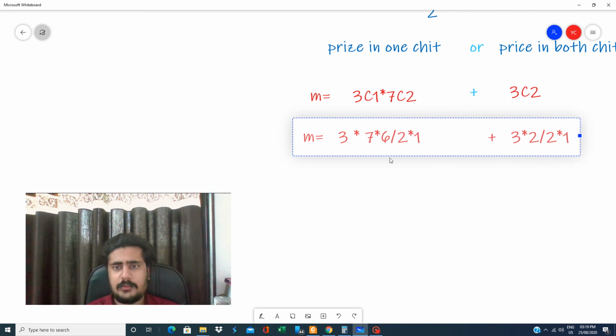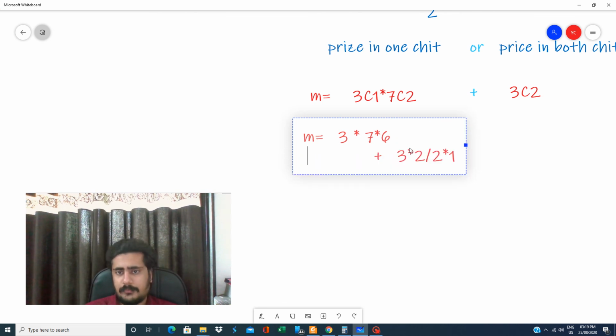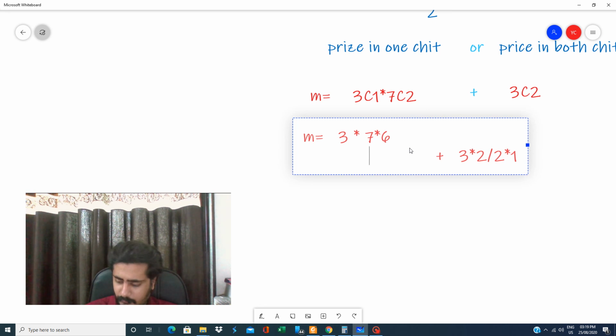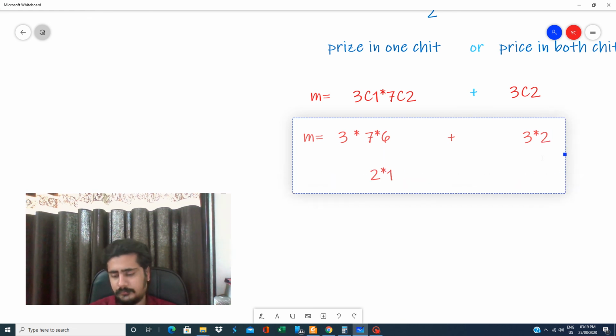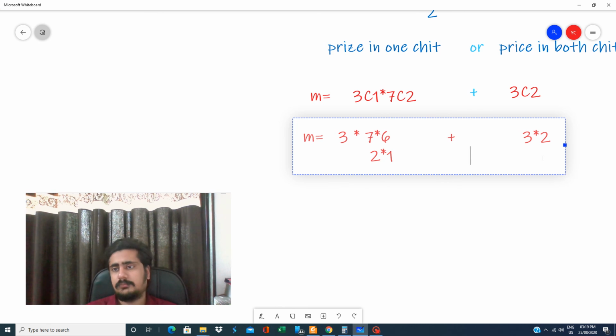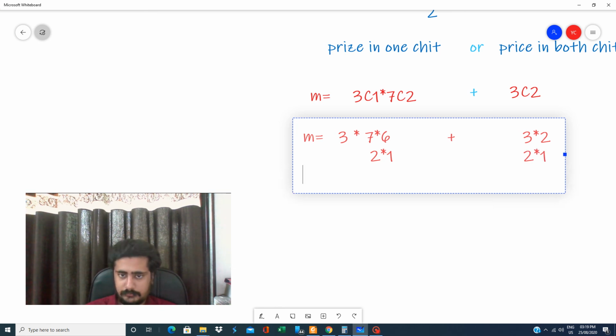Let's not confuse you. 7C2 is 7 into 6 upon 2 into 1, plus 3C2 is 3 into 2 upon 2 into 1.